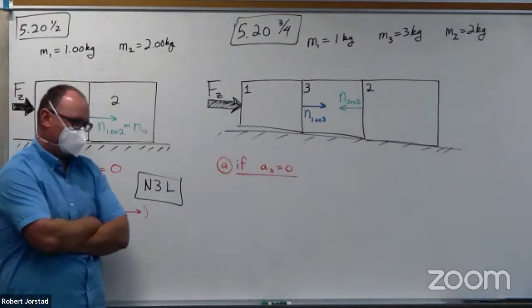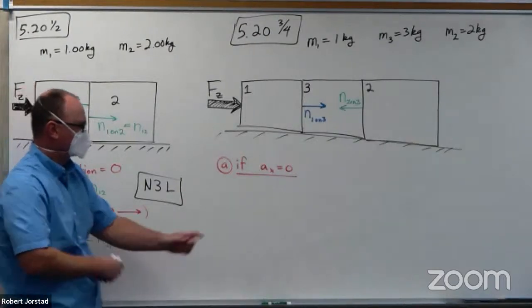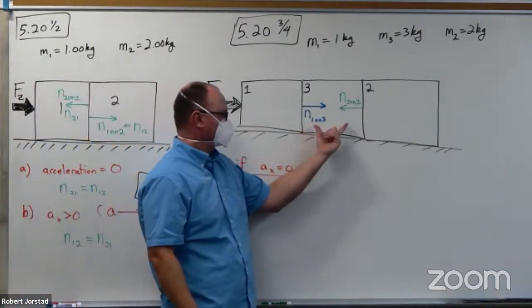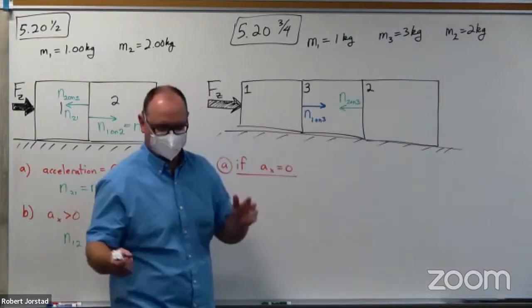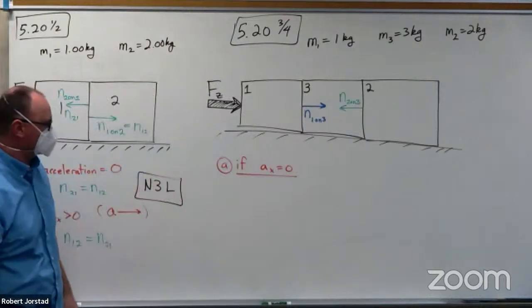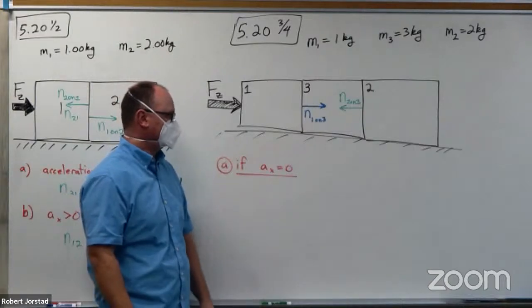Why do you say that? Because 3 is pushing against 2. Oh no, sorry, wait. We can ignore friction for right now. You can pretend there's no friction in the universe. Oh, the 3 on 2 because the mass is bigger.